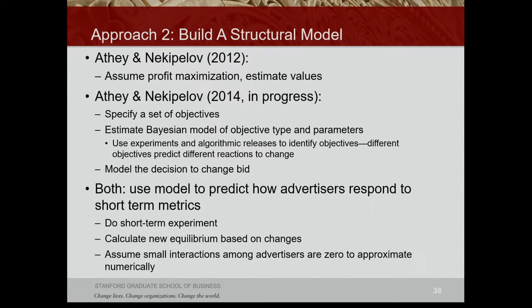Once we have that model, if we run any experiment, we can look at the short-term metrics and see how different types of advertisers are affected. Then our model tells me, if you were affected this way, this is how we expect you to respond. So it's a way to take a short-term experiment and calculate a new equilibrium. Again, this is the one that's, I think, the most scientifically valid.